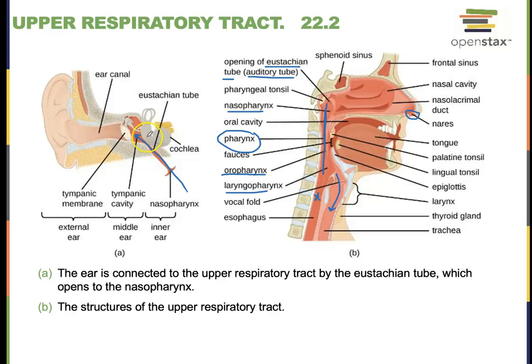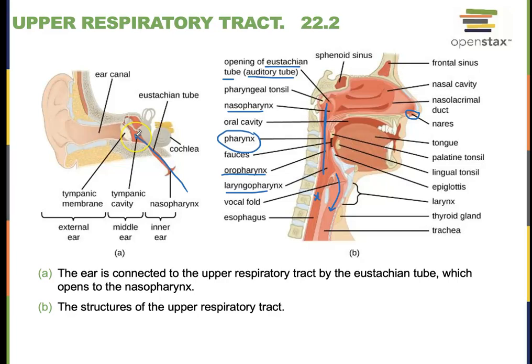But the middle ear is air filled. The reason we have this tube is to equalize the air pressure from the outside air with the air pressure inside our middle ear, because that air pressure needs to be exactly the same in order for our eardrum to vibrate properly. You might have experienced going up in altitude in an airplane or going lower, and your ears become clogged or stuffed feeling.